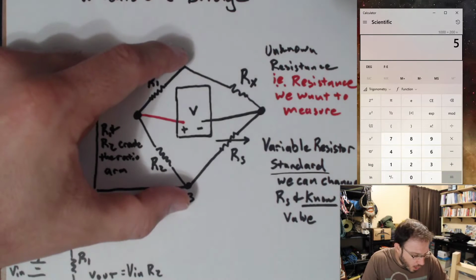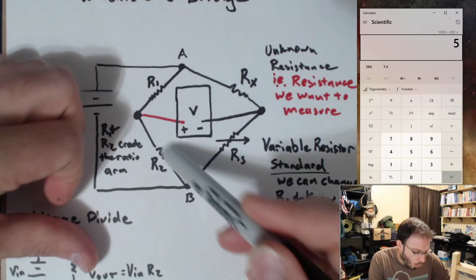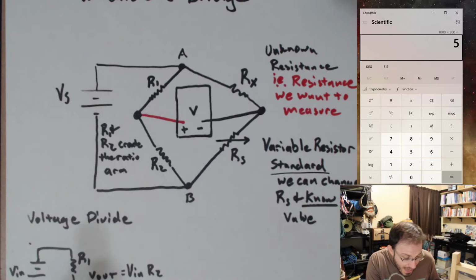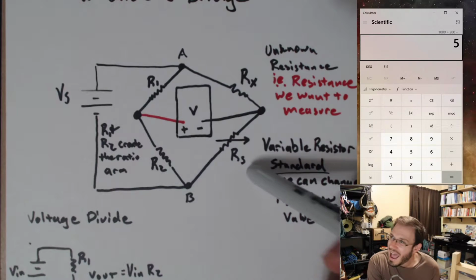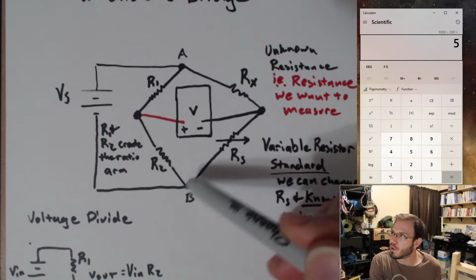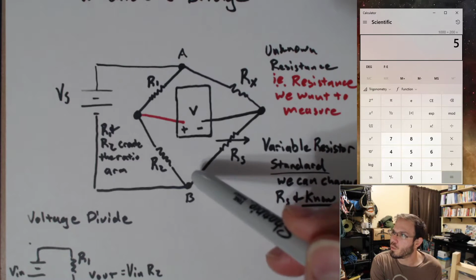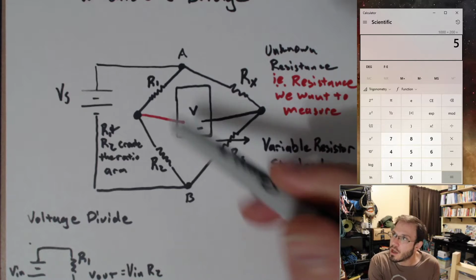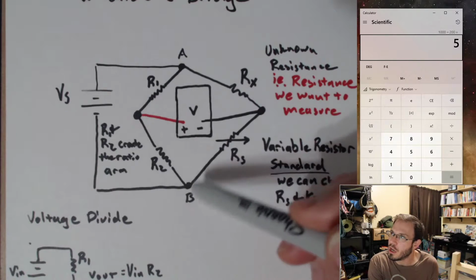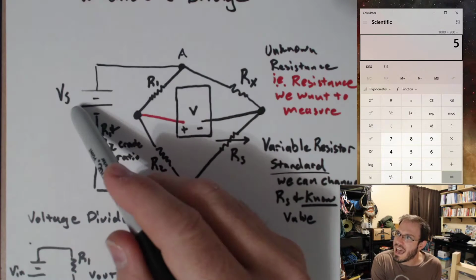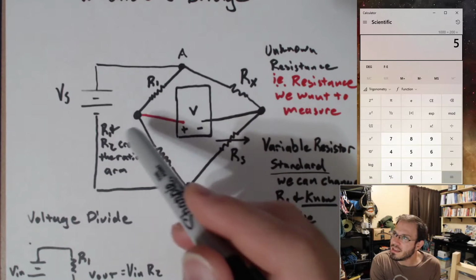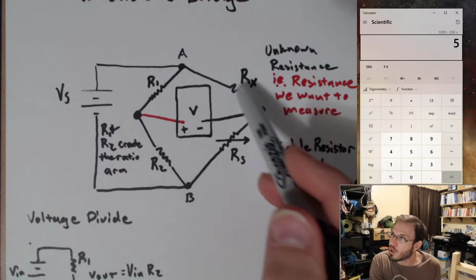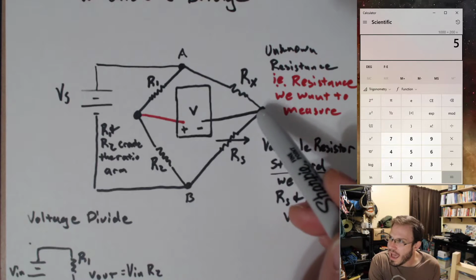We have R1 and R2 forming one voltage divider between points A and B. And we have Rx and Rs forming another voltage divider over here between points A and B. And if you remember, parallel circuits will have the same voltage across them. So whatever Vs is will be across this voltage divider, the R1, R2, and Vs will be across Rx and Rs.